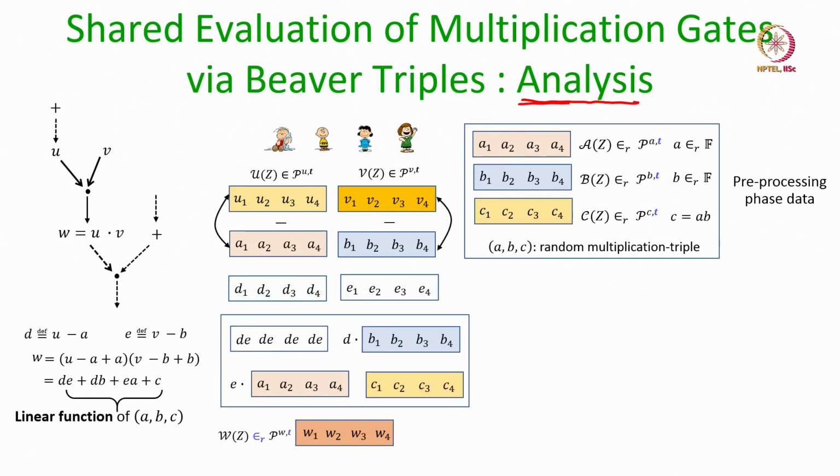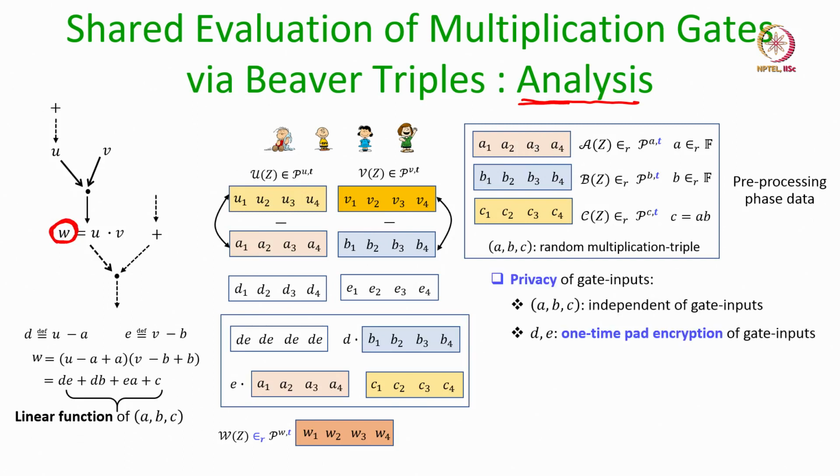So, this is the idea behind getting a t degree sharing for the output value y. The claim here is that whatever computations the parties perform in the Beaver's method, that will lead to a secret sharing of the multiplication gate output, where the degree of the sharing will be t, and that value will be secret shared through a random t degree polynomial.